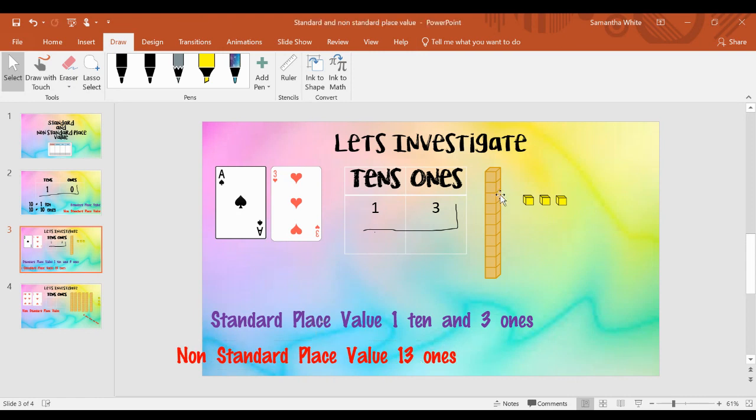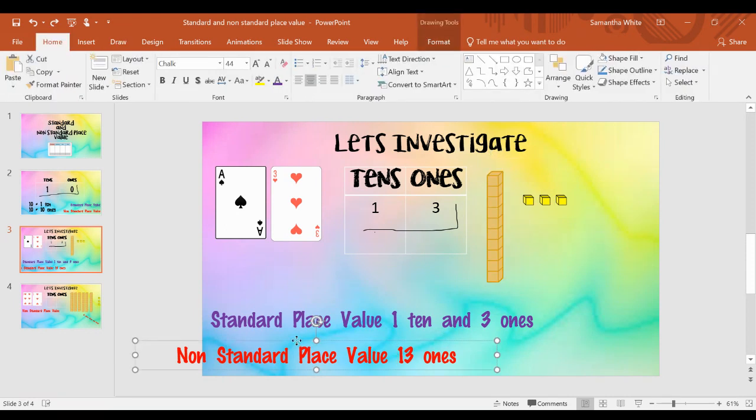So when we look at this tens block, there are also 10 individual ones blocks that make up one tens block. So instead of looking at our tens blocks, we've gotten rid of the tens block and we have made 13 ones on their own.